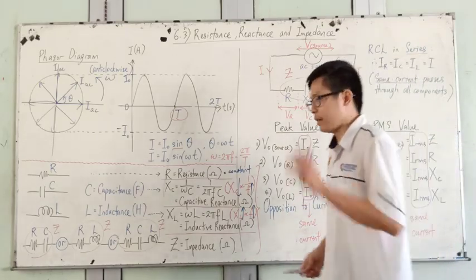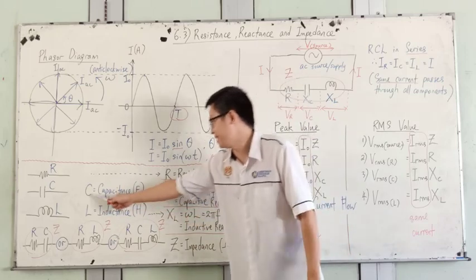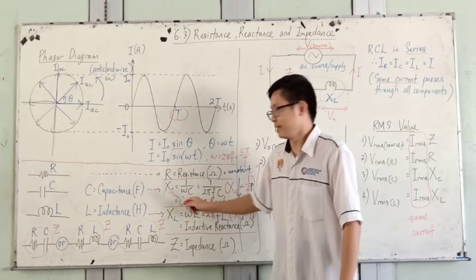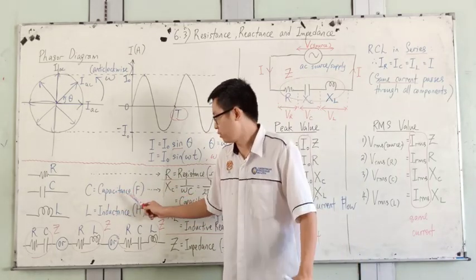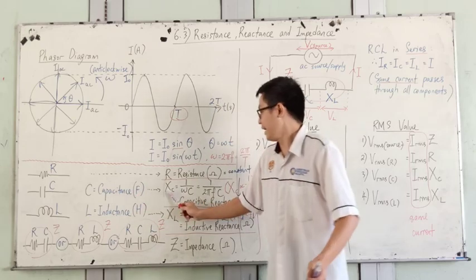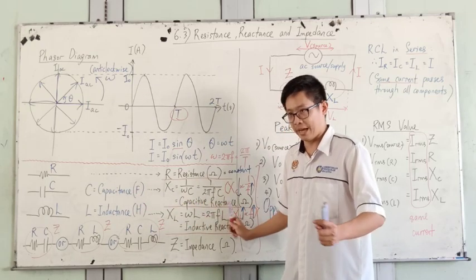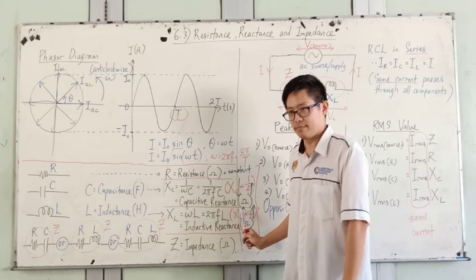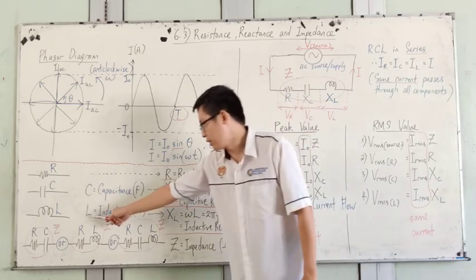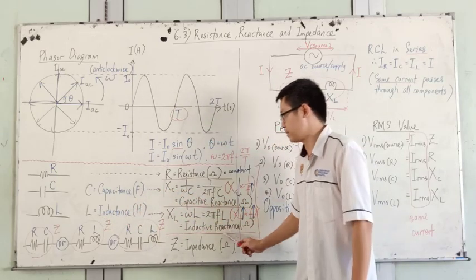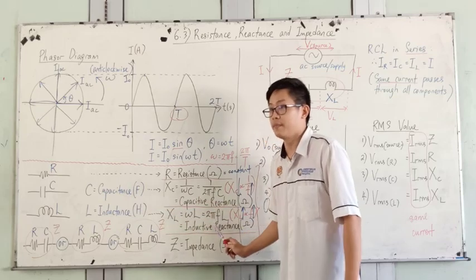Okay? And you must not confuse between C and Xc. C is capacitance, unit farad. Xc is capacitive reactance. It is ohm. Same for inductance and inductive reactance. Don't confuse between these two.